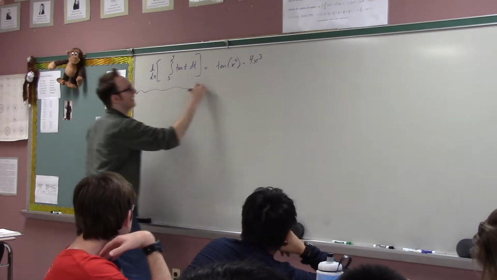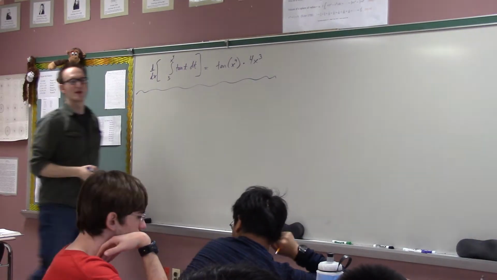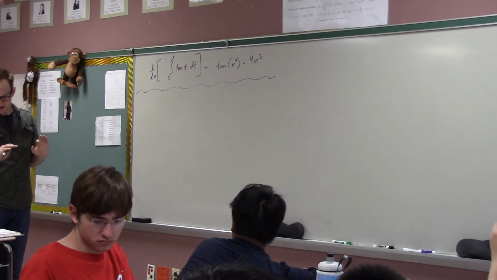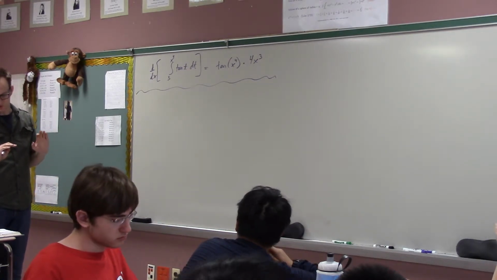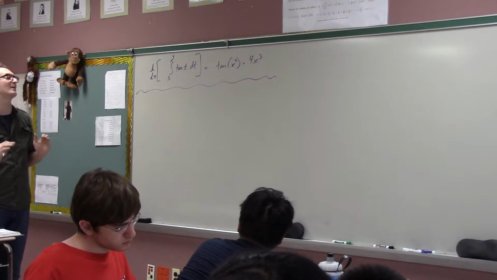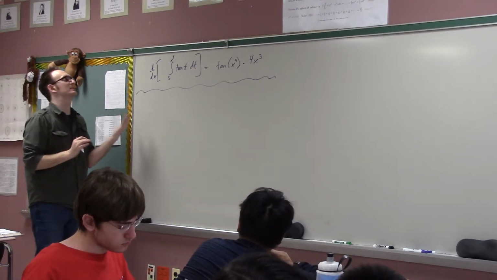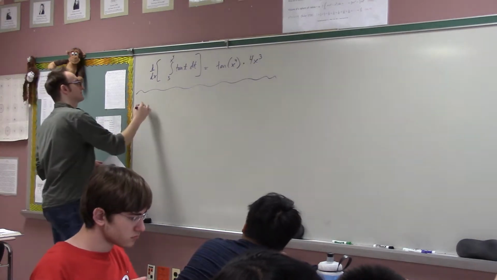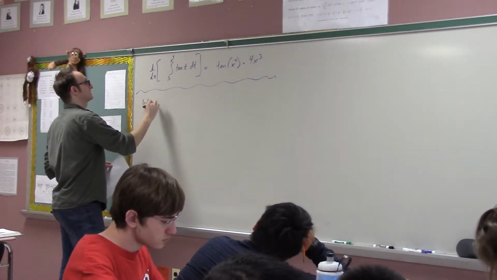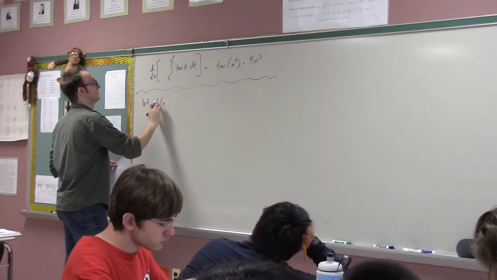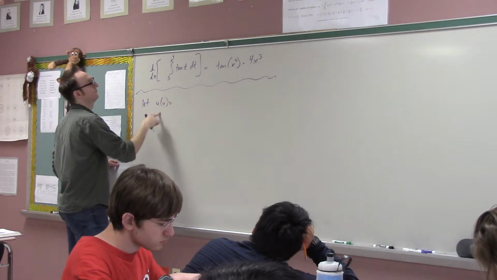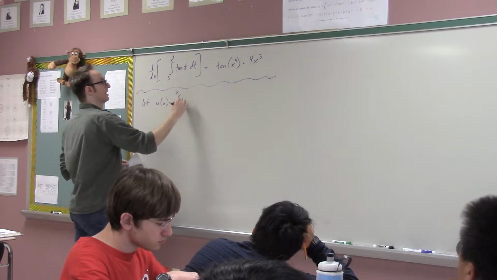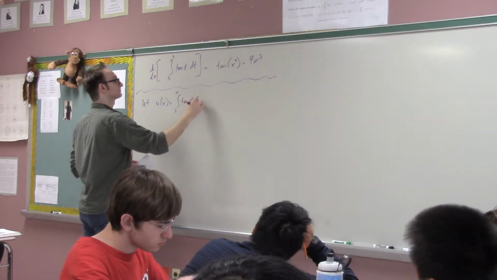But if you don't like this, some people don't, then we can slow it down a little bit, and I can show you an alternate way to think about this: by making a variable substitution. So let's say, define a new function u, which is the integral from 3 to x of tan t dt.